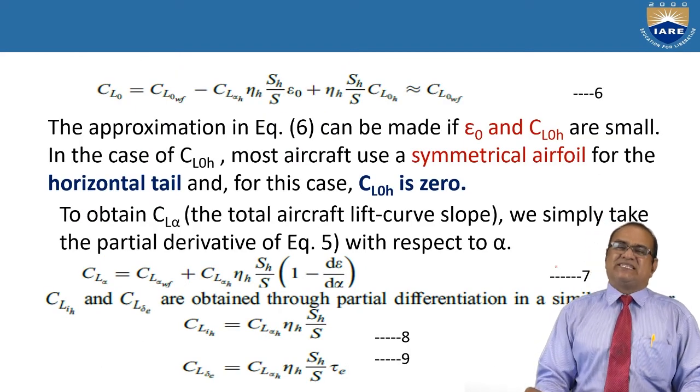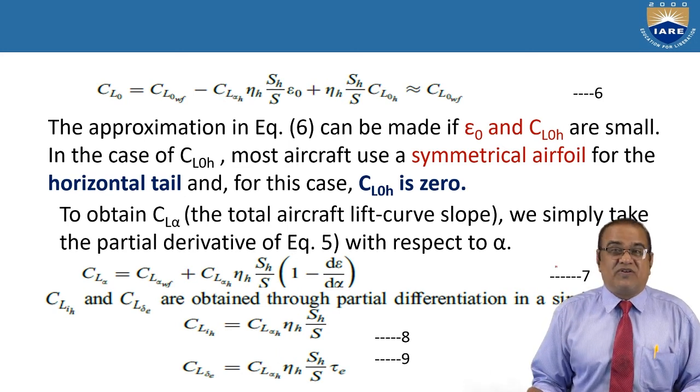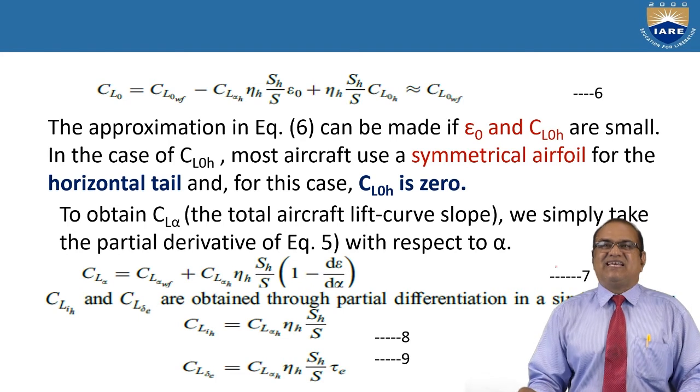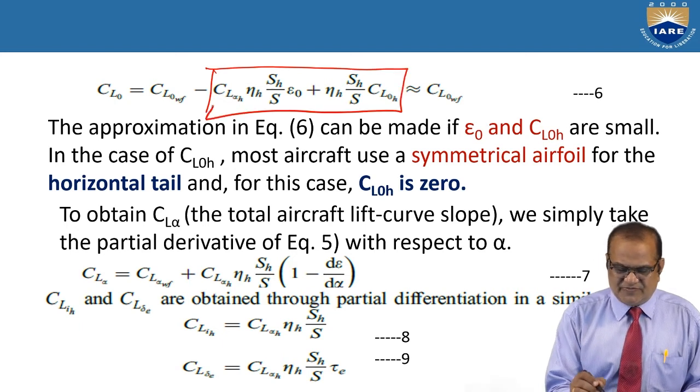So here CL naught is equal to CL naught wing fuselage minus CL alpha H eta_H S_H by S epsilon naught plus eta_H S_H by S CL naught H, and this we can make negligible, very small.